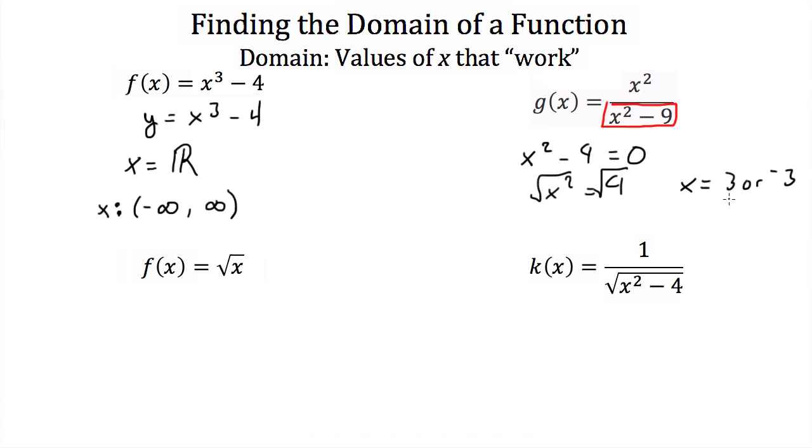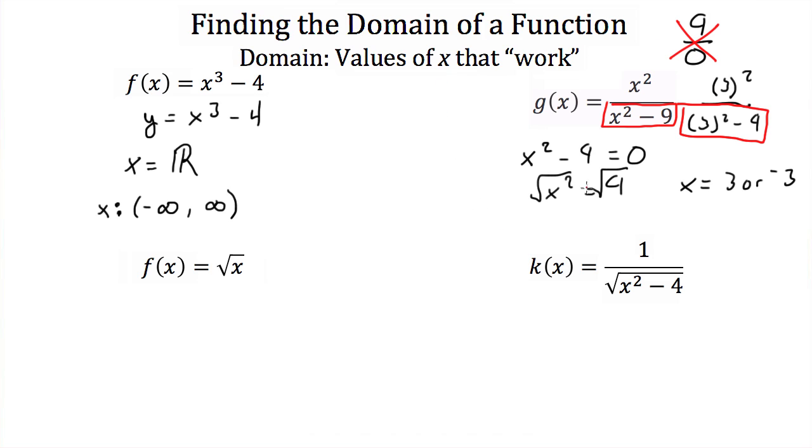If I plug in 3 or negative 3 into this equation for x, then I'll end up with 3 squared over 3 squared minus 9, or negative 3 squared over negative 3 squared minus 9. What's important to realize here is this denominator here is 0. So you'd have 9 over 0. Well, you can never divide by 0. So your denominator can never equal 0.